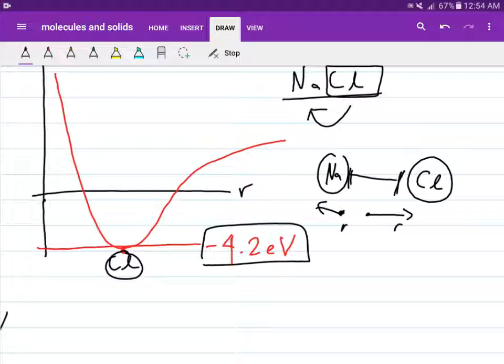So what happens is that this chlorine species, as it moves at greater values of R, becomes less bound to the sodium atom, until at a point that it has zero potential energy. It is now not bound to the sodium atom.